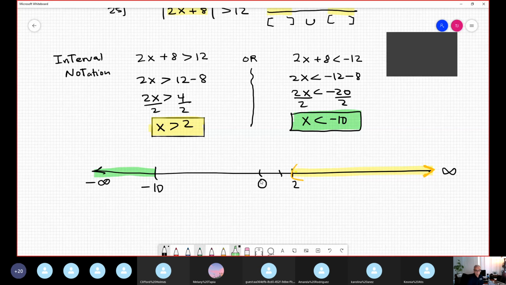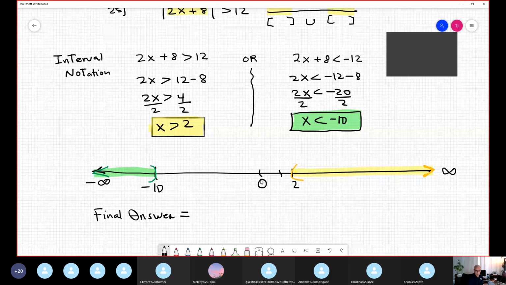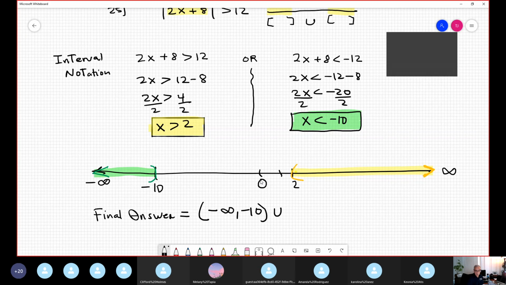Include negative 10? No, the symbolic way to indicate this is a parenthesis, and it continues forever. Therefore, my final answer is parenthesis, negative infinity, comma, negative 10, parenthesis, union, parenthesis 2, comma, infinity. End of story.